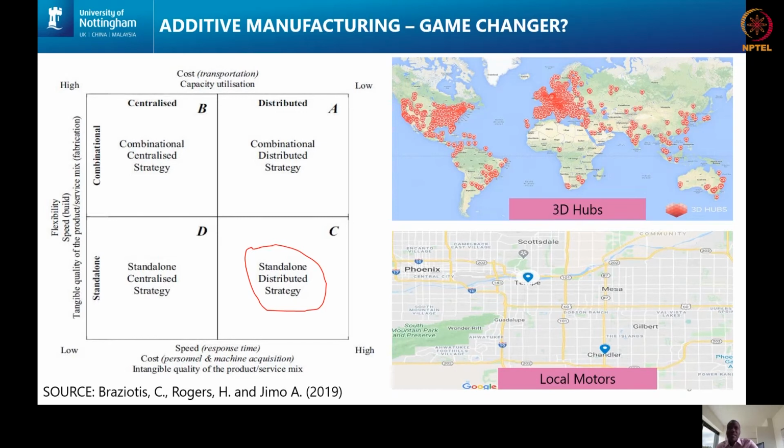But the reality in industry is far from the case. So what we did was we mapped the configuration of additive manufacturing operations on the process and the supply chain level. At the time additive manufacturing was introduced for end-use parts, there was a big conversation in operations management circles about whether 3D printing will replace traditional manufacturing.